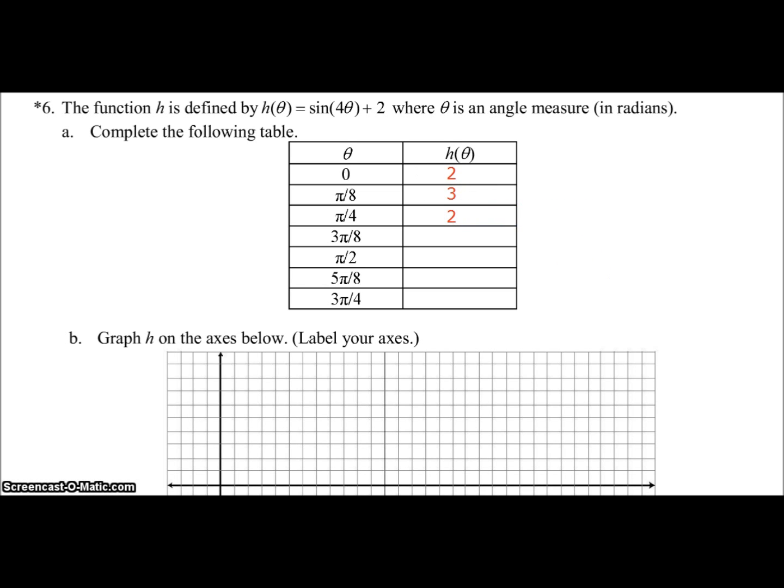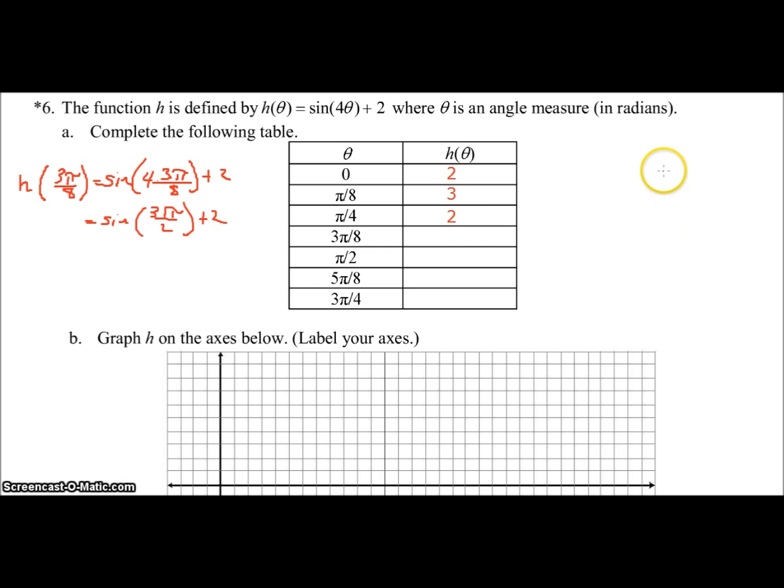Maybe I should demonstrate the next one with a hand calculation here. H of 3 pi over 8 will be sine of 4 times 3 pi over 8 plus 2. This simplifies as sine of 12 pi over 8, or sine of 3 pi over 2 plus 2.